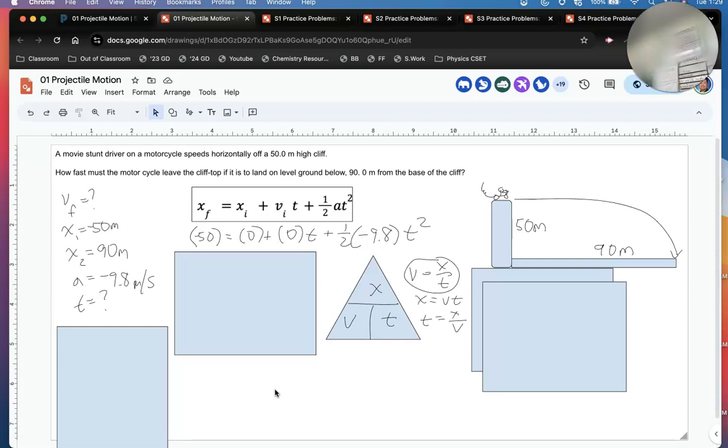When you launch off the cliff and land versus just fall off the cliff and land, it's supposed to happen at the same time, as long as your air resistance is equal or there's no air resistance. So we're going to use 50 instead of 90, because we want to know how long it takes for the bicycle to drop. And once you find that out, then you can find out the speed it takes to make the landing.